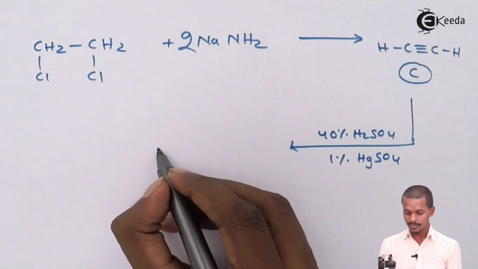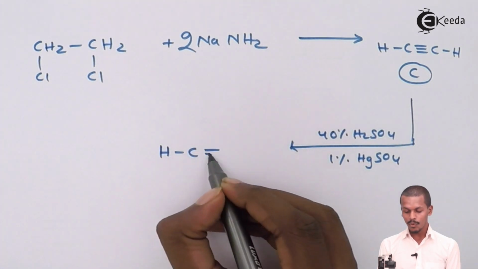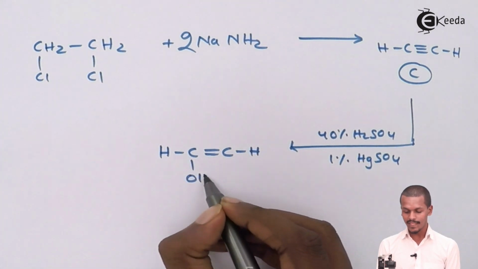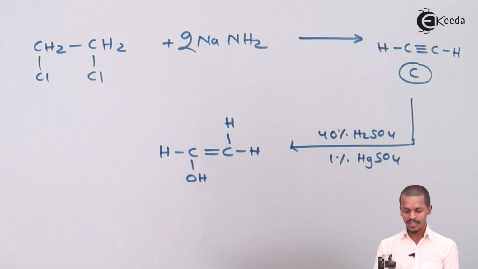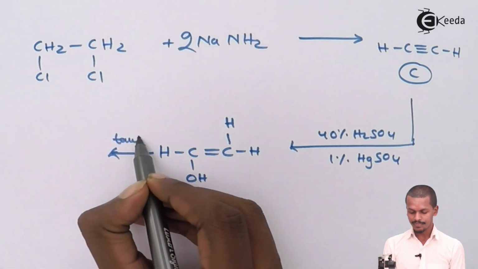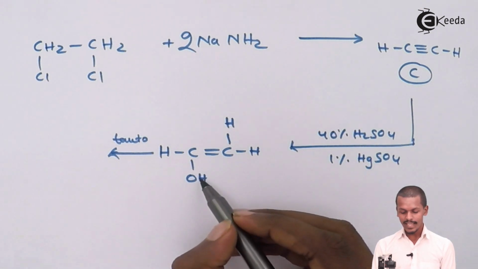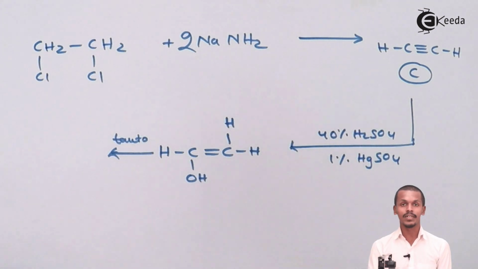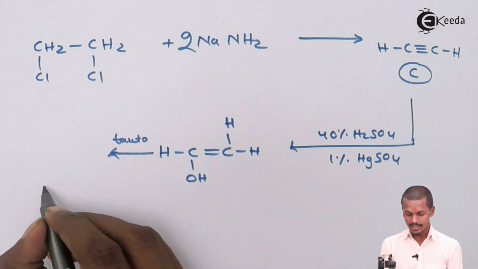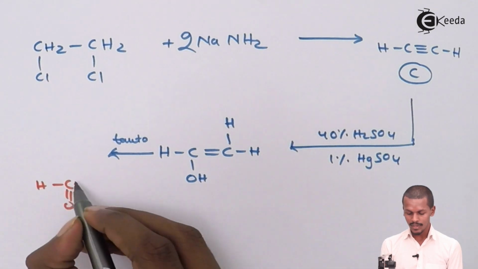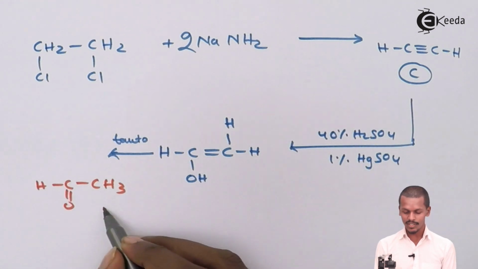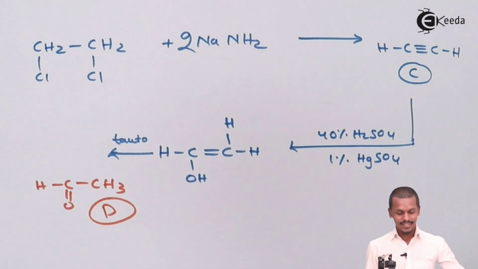So the formation of the product CH=CH with H and OH, and because of tautomerization this H would go over here and the double bond O would be formed. That's the reason we would get a product HC=O with CH3, which is called acetaldehyde, and this is the product D that we have done.